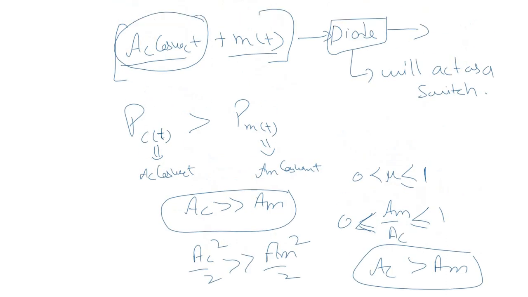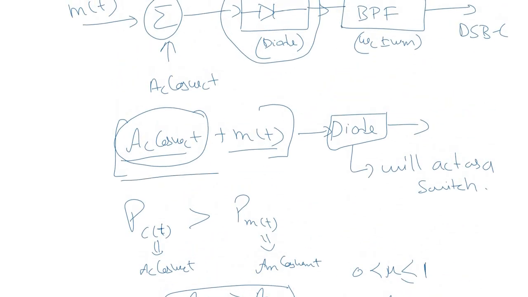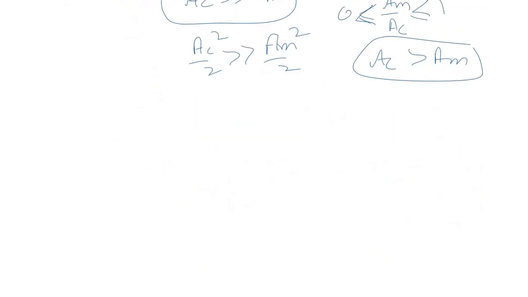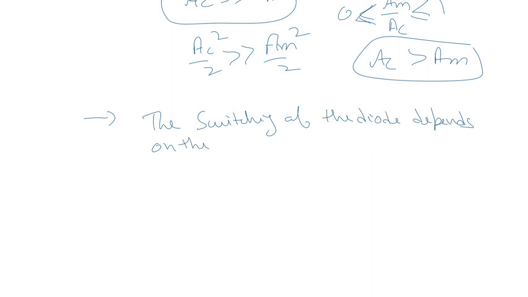So we can comfortably say that the combination signal, carrier plus message, will be dominated by the carrier signal only. That means the switching of the diode will depend primarily on the carrier signal. This is an important takeaway that will form the basis of the derivation. The switching of the diode depends on the polarity of the carrier signal.